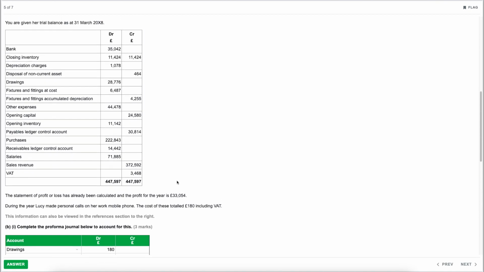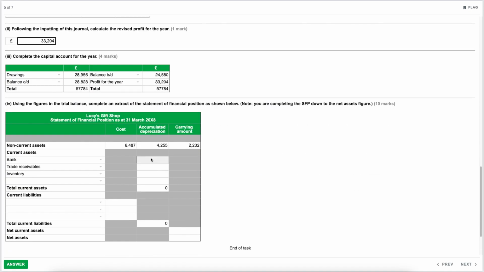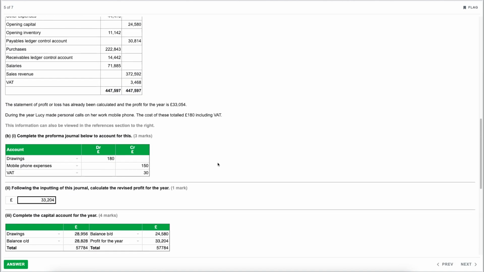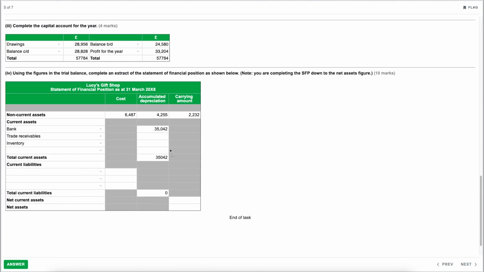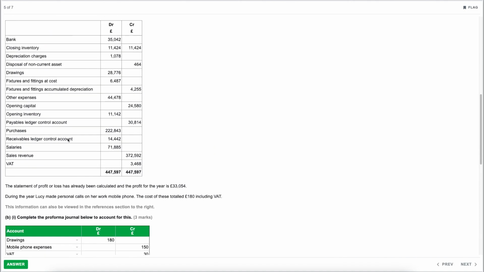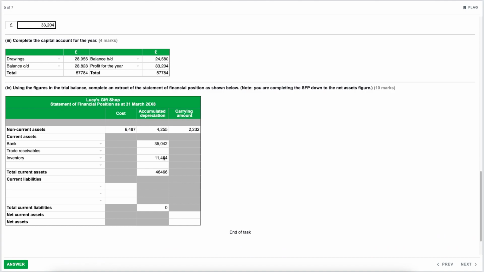So we had bank 35,042. Inventory 11,424. And then trade receivables, we had 14,442.